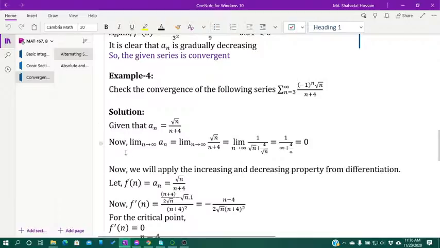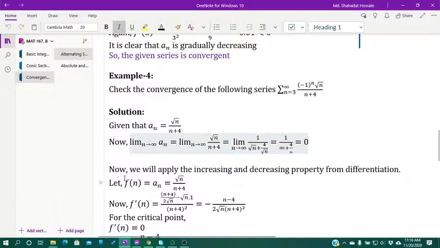Now the same thing we will apply here. Let's check the convergence of the following series. Given that an equals root over n by n plus 4, now the limit as n tends to infinity, and after simplifying we will get 0. So the first condition is satisfied.